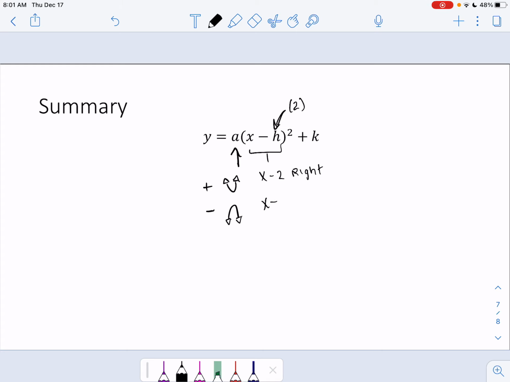If you see an x plus a number, that's a shift to the left. Think of that as x minus negative 2. Looking at this k value, a positive k is a shift up. A negative k is a shift down.